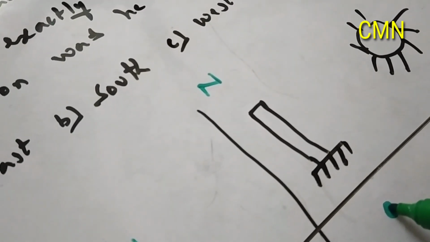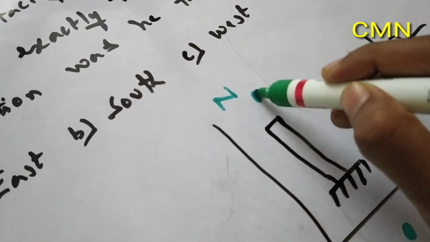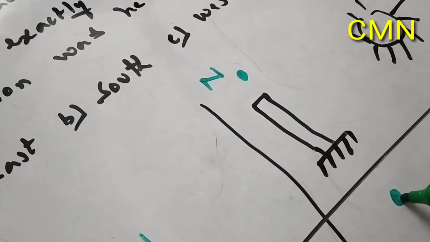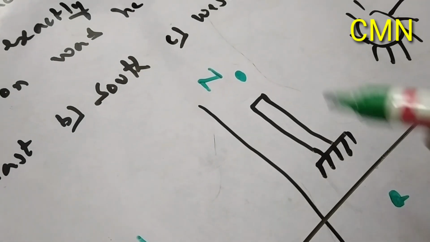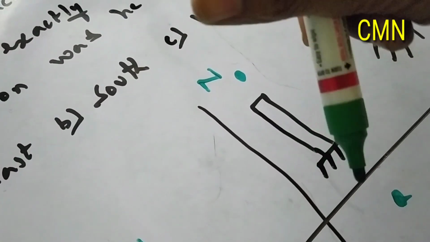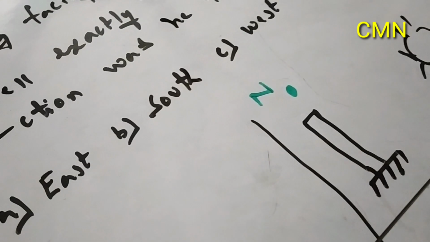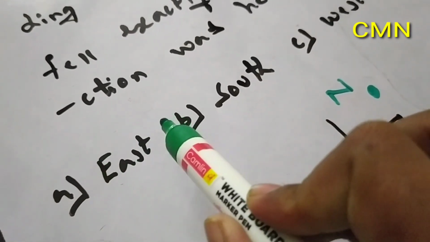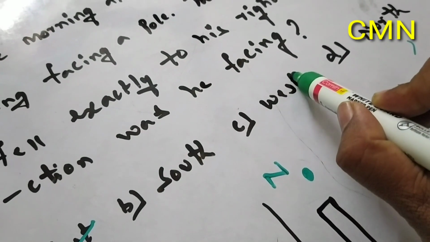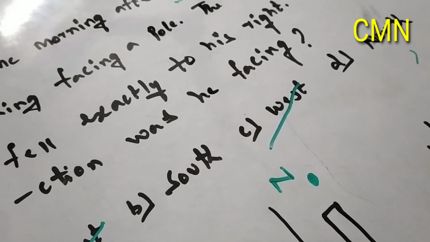There are two possibilities: Mohan is standing here or here, that means in the north direction or in the south direction. So in the question, east will be eliminated, west will be eliminated. Remaining two options are south or north.